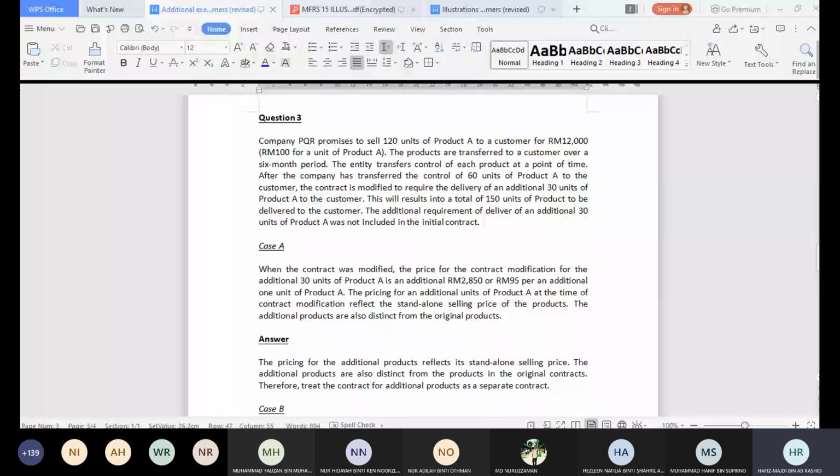So that would be the answer for case A. Don't touch the original contract. This new additional request is distinct and reflects a stand-alone selling price. So that would be the answer.